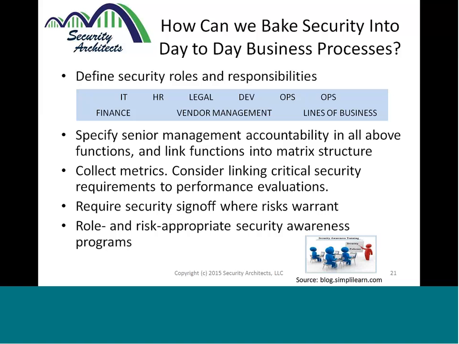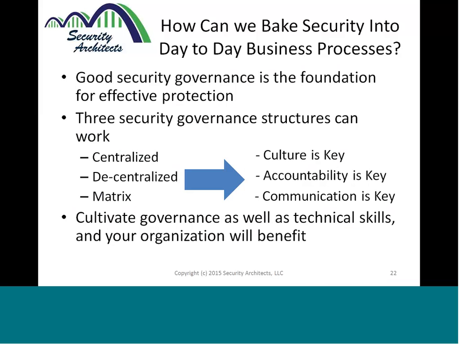And finally, to conduct role and risk-appropriate awareness program and training so that people in these roles understand what to do about security day-to-day. Obviously, not clicking on links from emails from Nigeria either, but also something a little more role-specific and role appropriate.